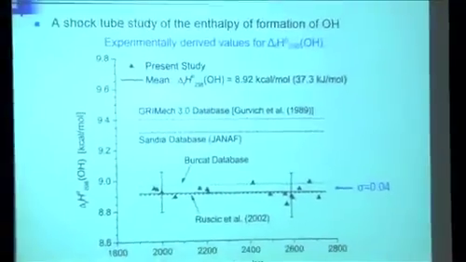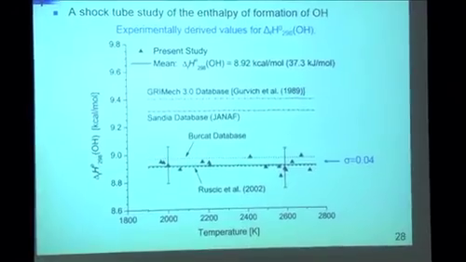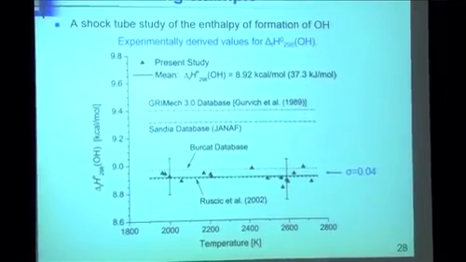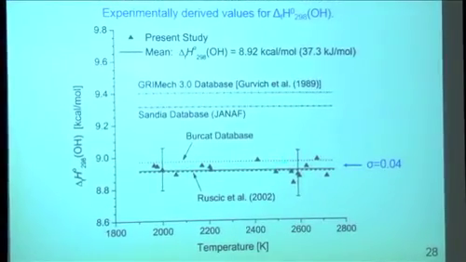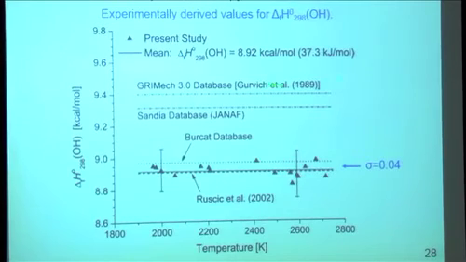We studied this for about a year and then finally decided, we think it's wrong. You wouldn't think that the heat of formation of OH could possibly be wrong like this. But sure enough, we reported it at a meeting. At the same time, somebody named Rusic from Argonne reported his number. So it turns out that it was right. The GRI-Mech values and the JANAF, the Sandia database values were just wrong.